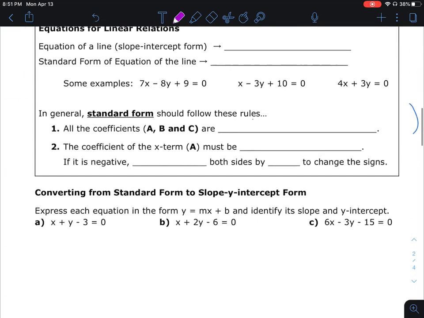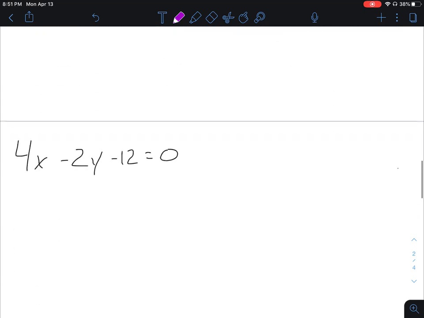So at the bottom here, I just have written out that standard form equation of the line. I'm going to take this negative 2y and I'm going to bring it over because I'm trying to make it into y equals mx plus b. So I'm trying to isolate my variable y.